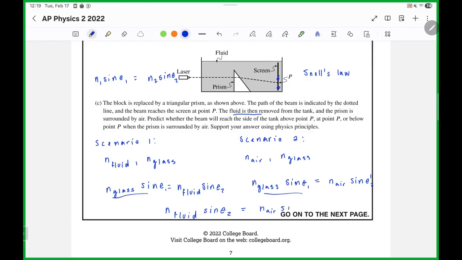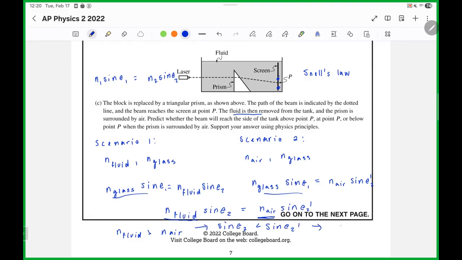And lastly, what we know is that n air is pretty close to 1, pretty close to a vacuum, and n fluid is therefore greater than n air. And so that leads us to conclude that sine theta 2, since the products must be equal, is less than sine theta 2 prime.